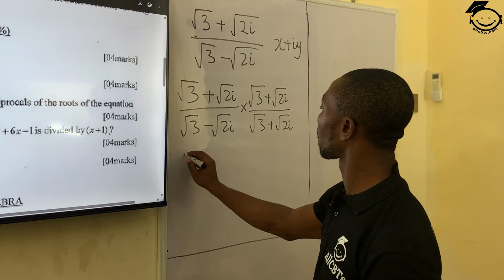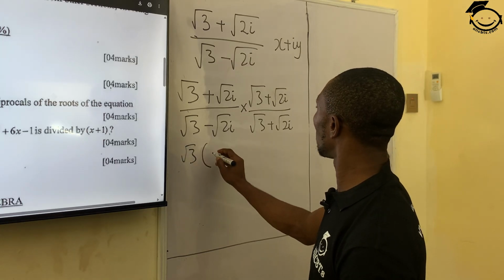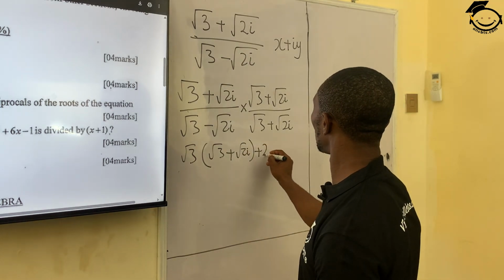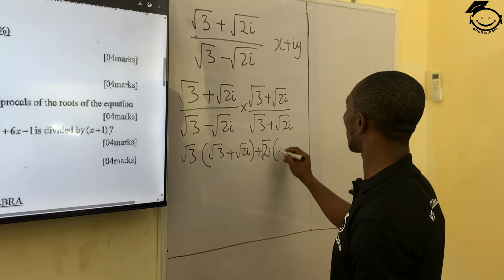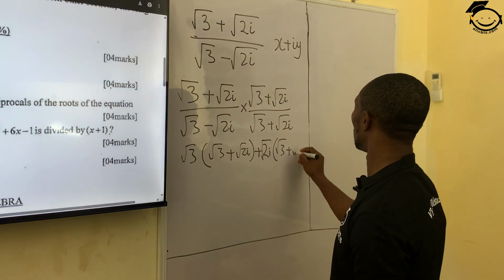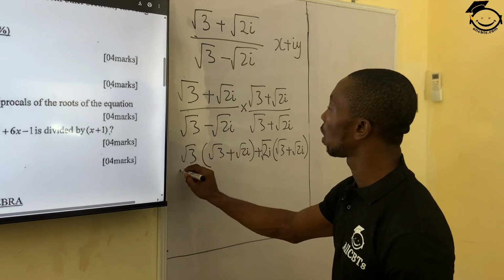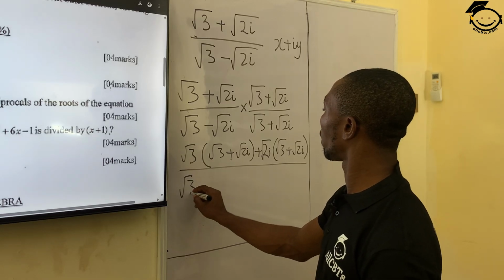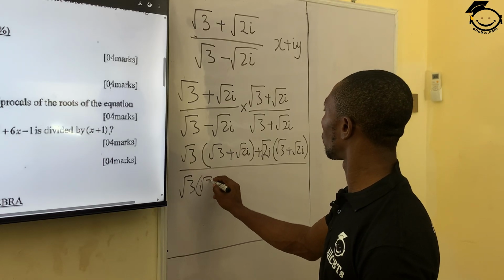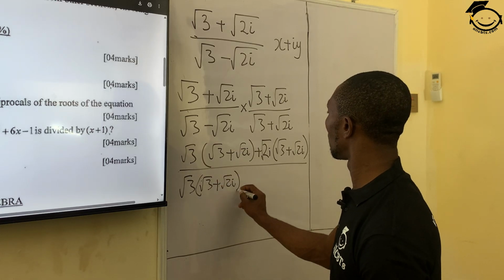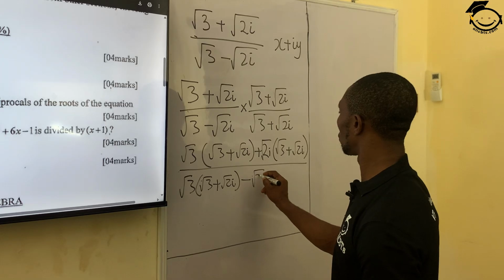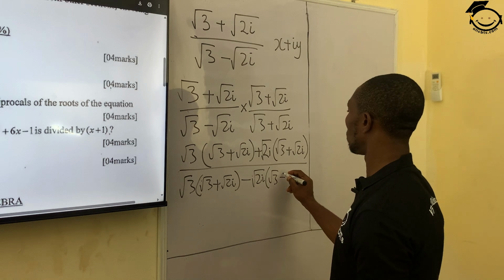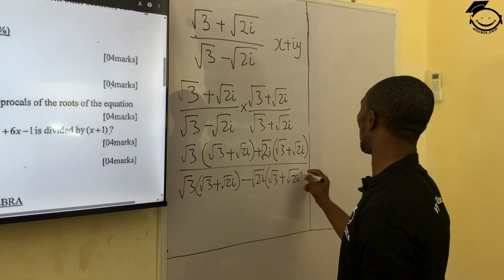We are having root 3 bracket root 3 plus root 2i plus root 2i bracket root 3 plus root 2i all over root 3 bracket root 3 plus root 2i minus root 2i bracket root 3 plus root 2i.